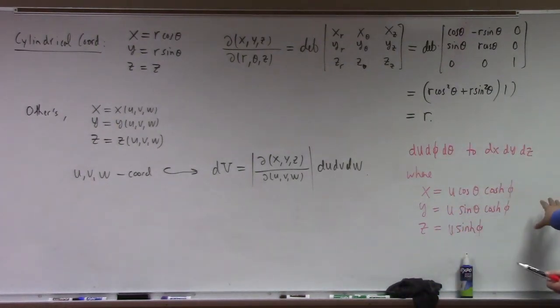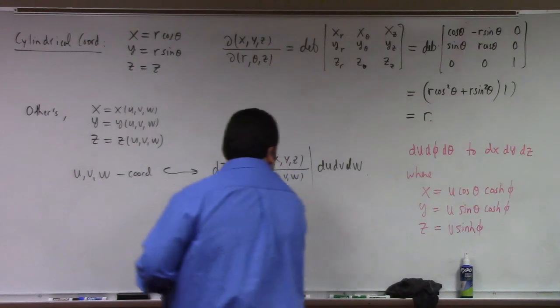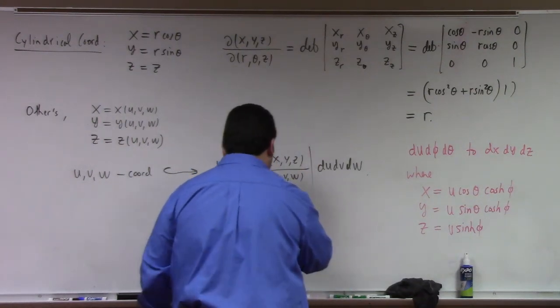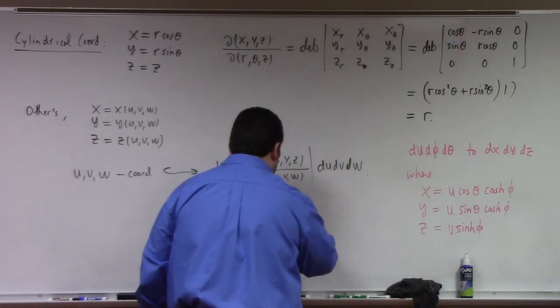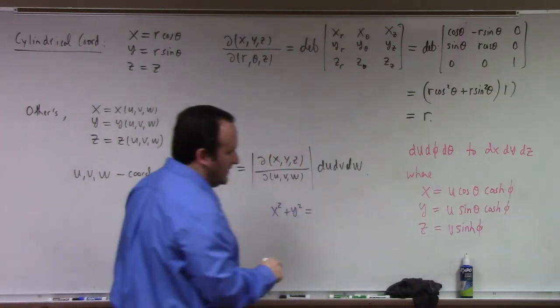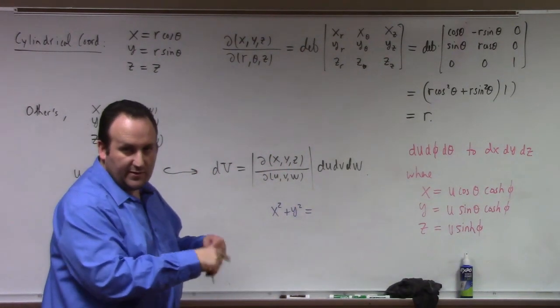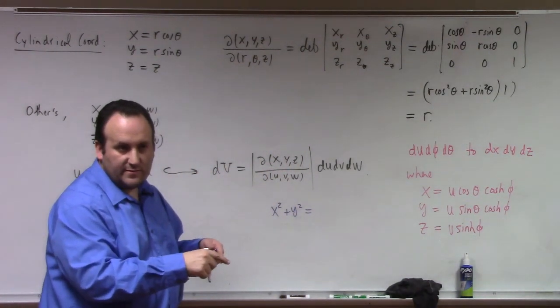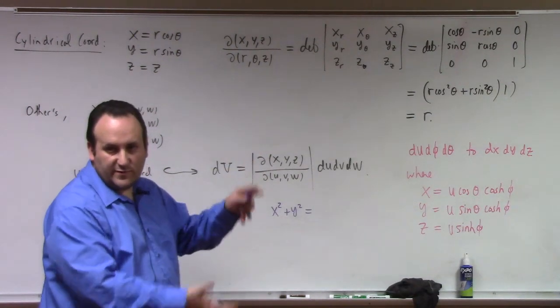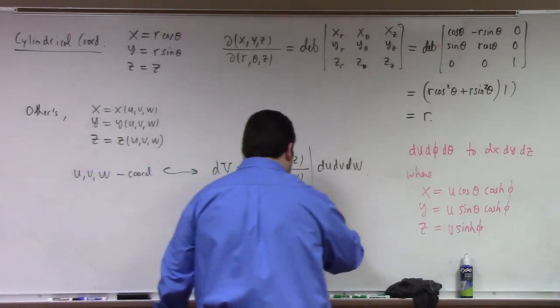By the way, do you guys have any sense of what on earth this weird coordinate system is? Hyperbolic, yeah, something. Let's see here. What if we look at x squared plus y squared with this coordinate system? We get u squared cosine squared theta plus u squared sine squared theta. So the thetas squish and just give us a u squared what?